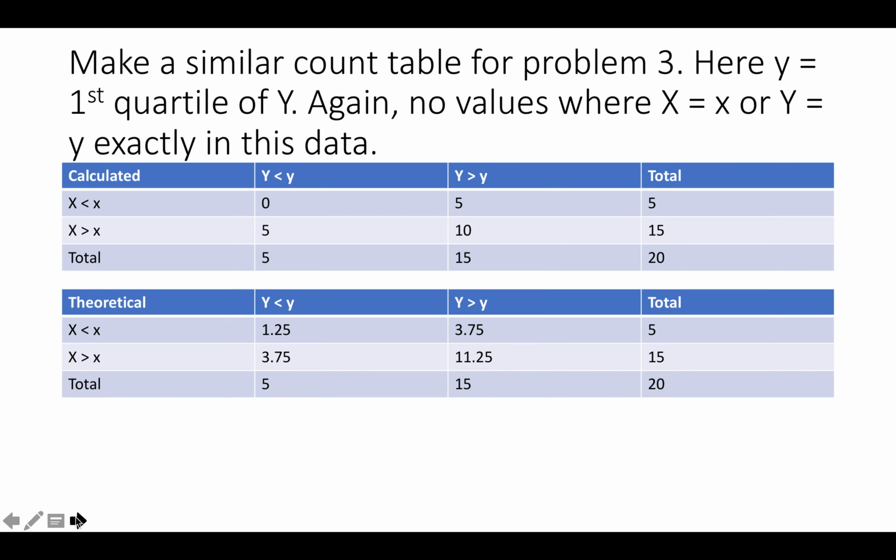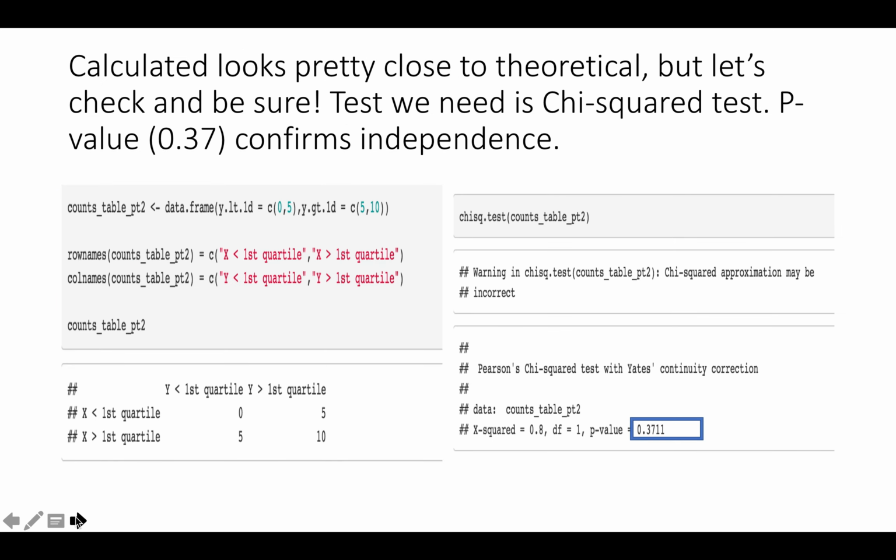So that suggests that the chi-squared test is going to have a high p-value because the idea is that if the two events are independent, then it should be pretty close to just selecting by chance. And we do indeed find that to be the case.